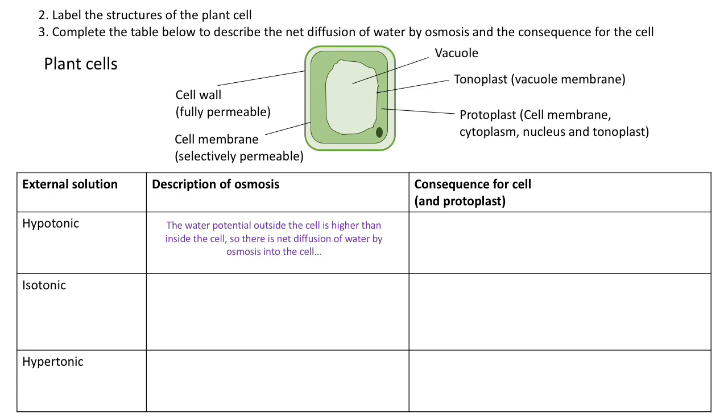The consequence for the cell is turgid, and the protoplast is pushing against the cell wall. And remember, the plant cell doesn't burst because the cell wall is rigid, and so it's strong enough to push back.